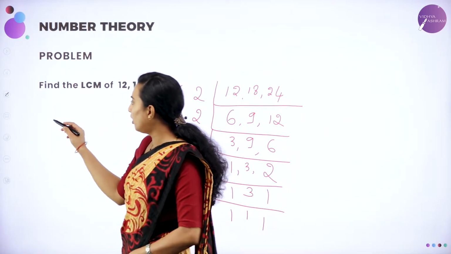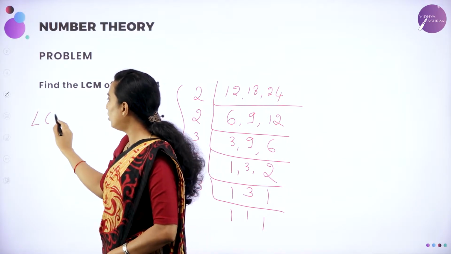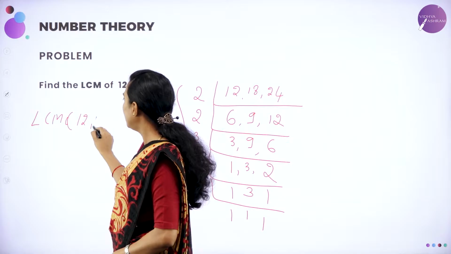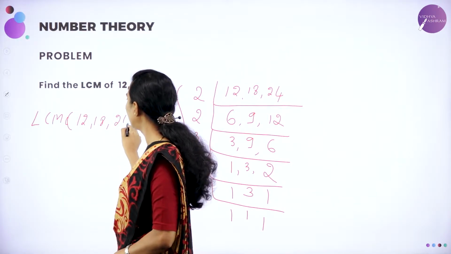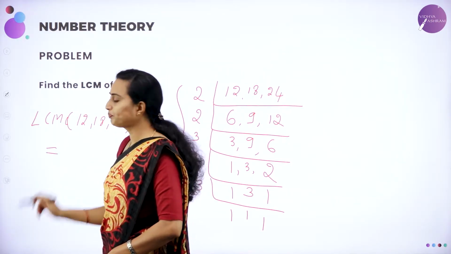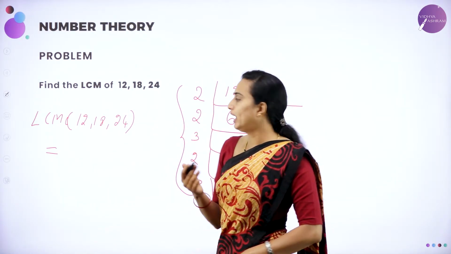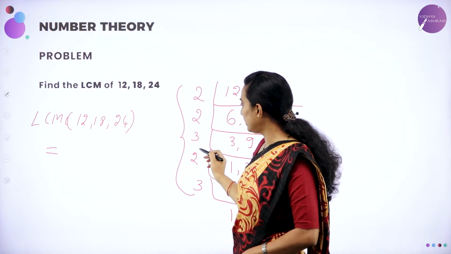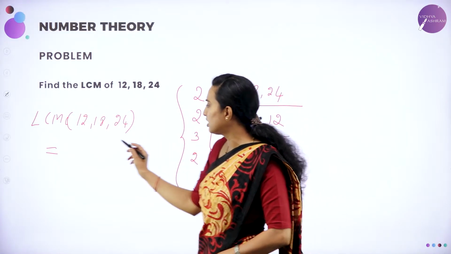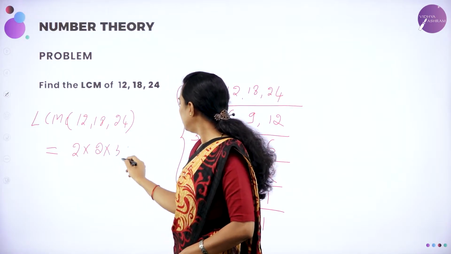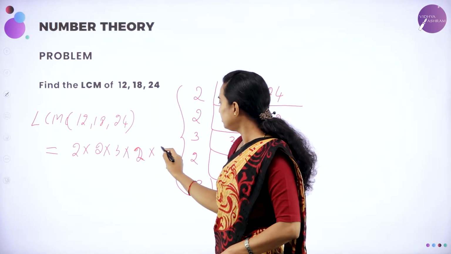So LCM of 12, 18, 24 will be equal to what? All those numbers will be multiplied. 2 into 2 into 2, correct? 3 times you are going to have it. Let me write 2 into 2 into 3 into 2 into 3, correct?